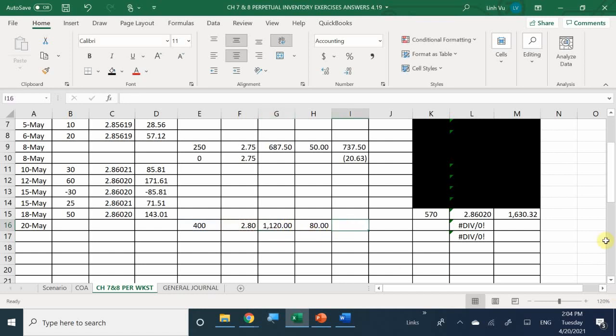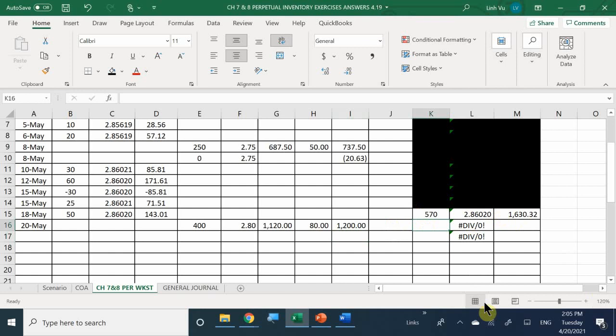Okay. Plus my freight to give me a total cost of 1200 even. So once again, I don't need to solve my cost per item because I have a beginning balance. So in this case, I need to add my numbers together to get my average cost per item.